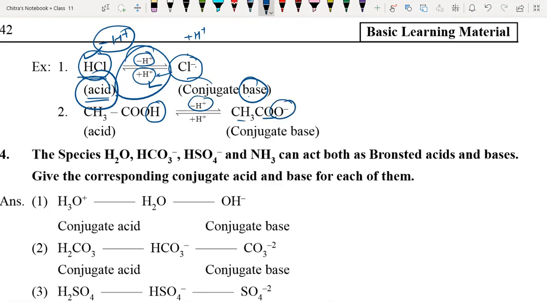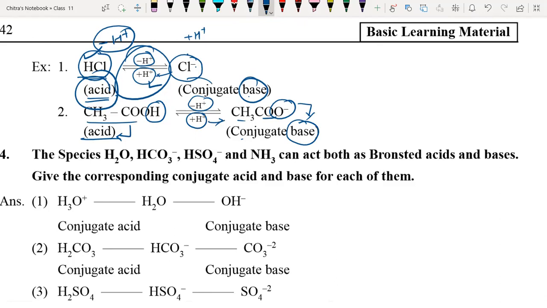In reverse, it will accept H positive ion and form the acid back. So accepting H positive ion, it acts as a base, and donating H positive ion, it acts as the acid. Again, it is an acid and base conjugate pair.